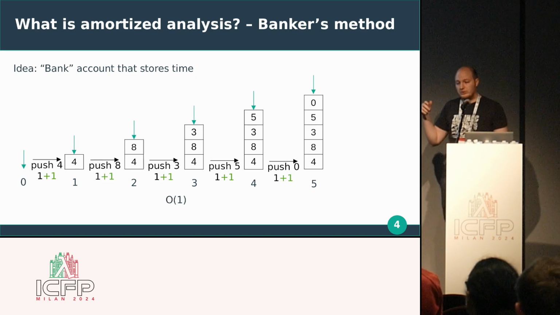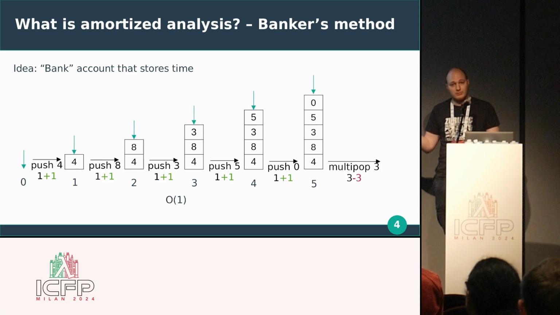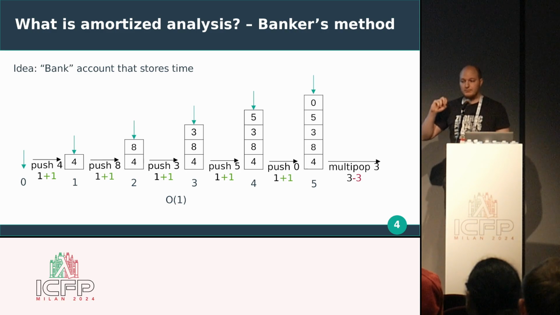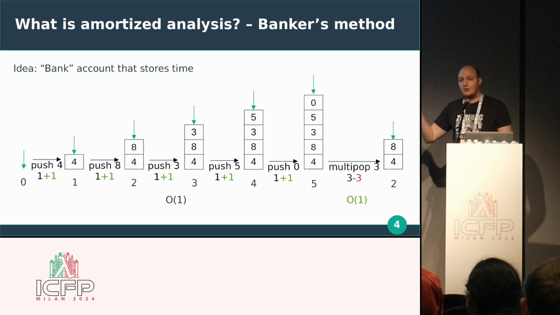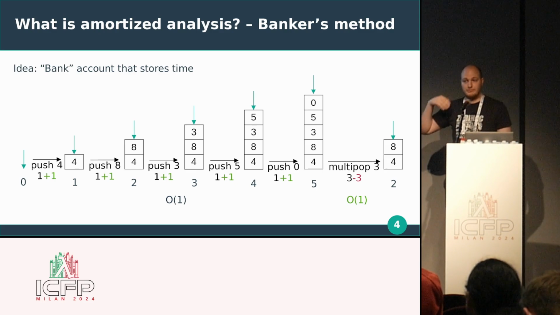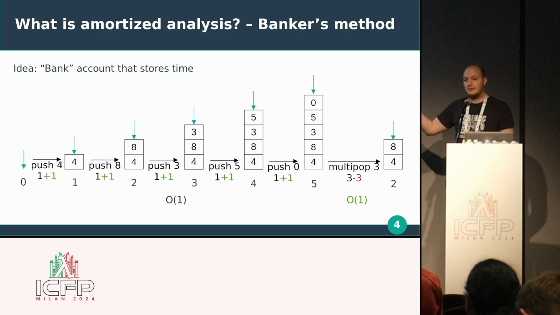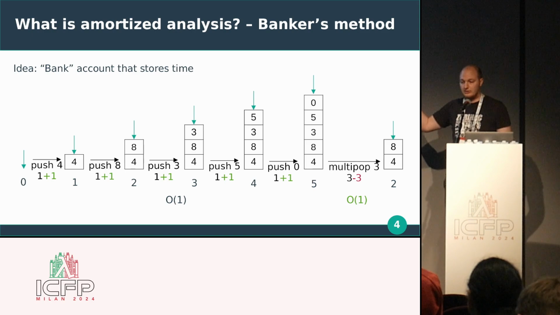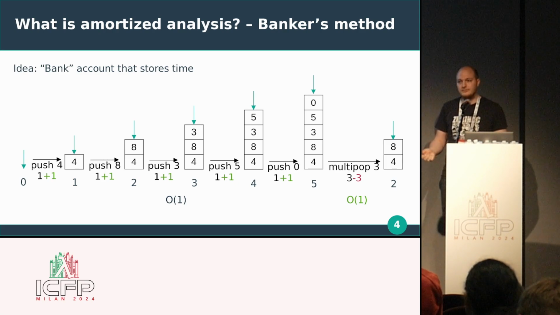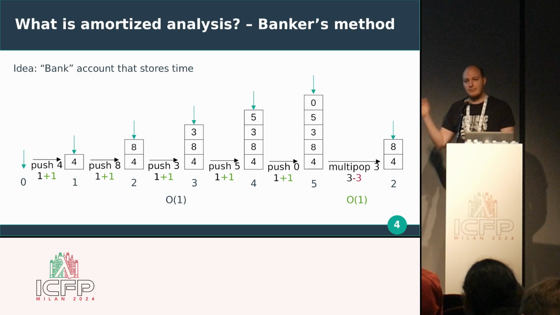So once we do our multipop operation, we can use our bank account to pay for that expensive operation. So now the cost of multipop is amortized 0, because we pay completely from the bank account for it. So we say the worst case of multipop is linear, but amortized, it is constant. And that's the basic idea behind amortized analysis.